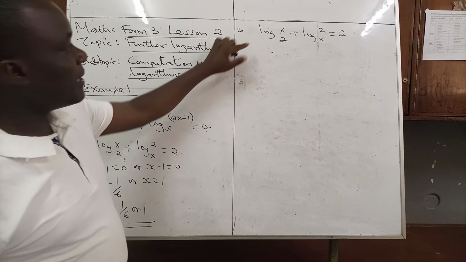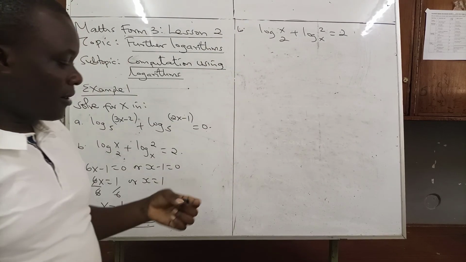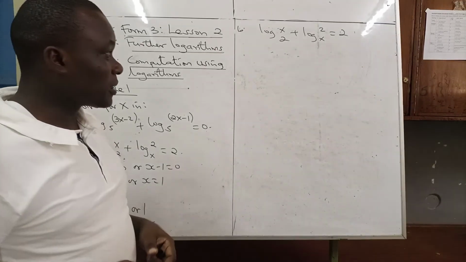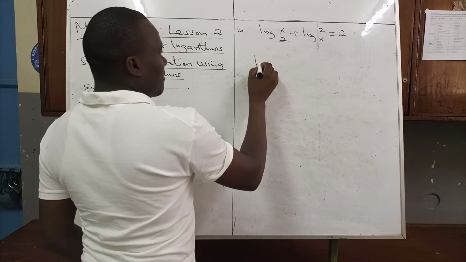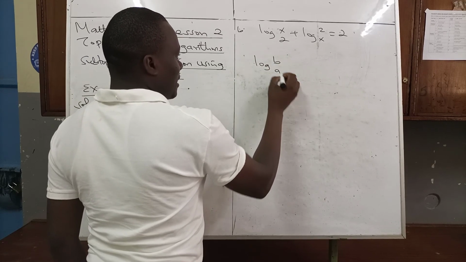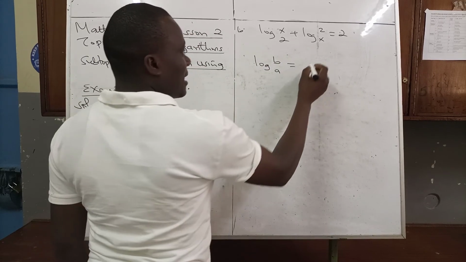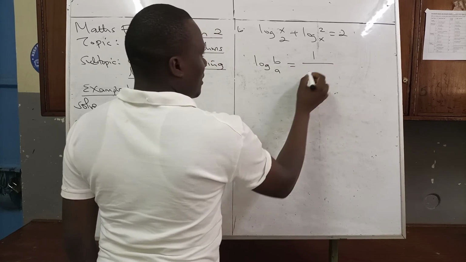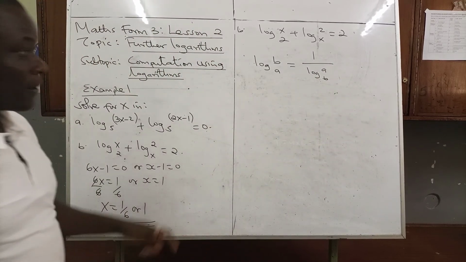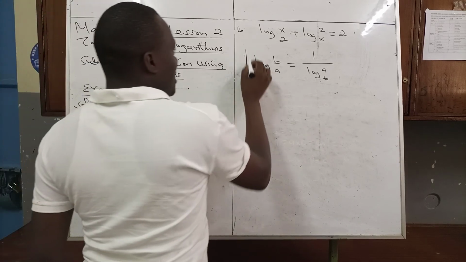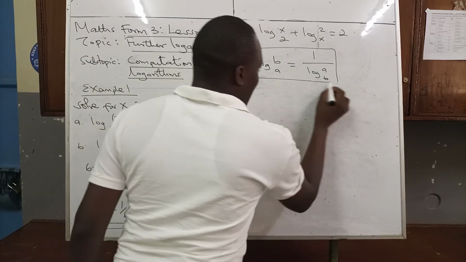So this question is reminding me of a concept that I've not talked about. But when you have been given log b into base a, this can be the same as saying 1 over log a into base b. So this is another concept that is coming in under further logarithms.